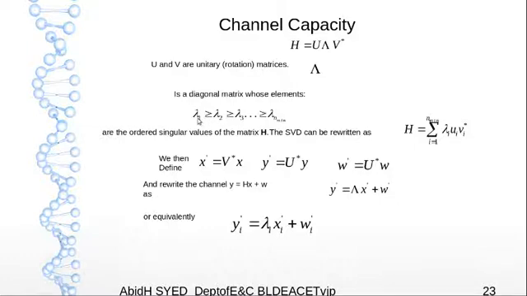That means the first value will be greater than the second, which will be greater than the third, and so forth, right? So the channel capacity can be represented by using a singular value decomposition, and this is nothing but our desired set of symbols.